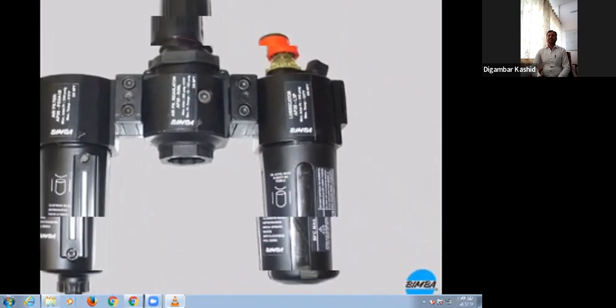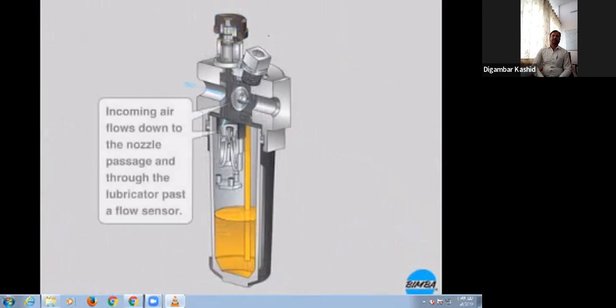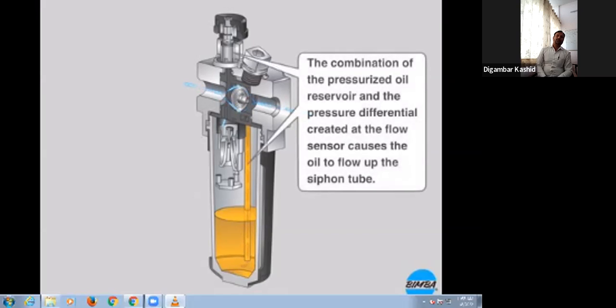This third one, see how the Venturi effect happens, and how the oil drops are added into the air. Getting it?